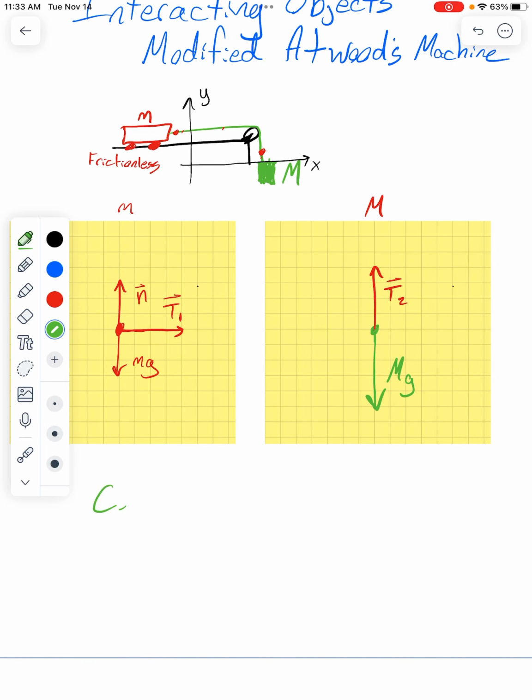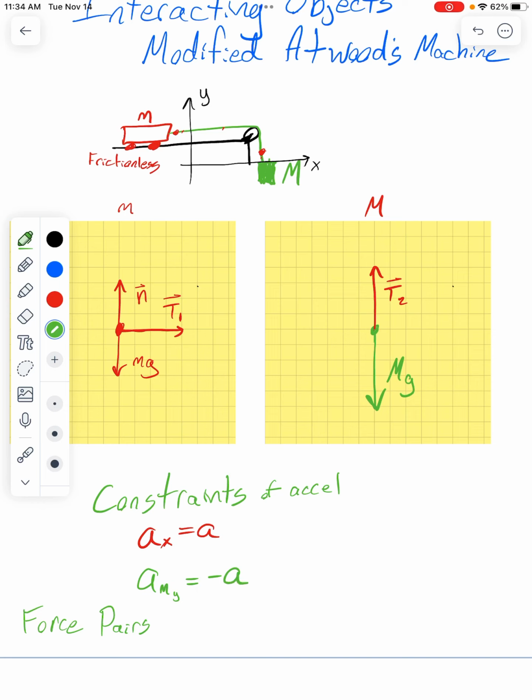But one thing I am going to point out is, with our constraints on the acceleration and our pairs of forces, the acceleration of the block little m is in the x direction, and the acceleration of the block big M is in the y direction, and specifically it's pointing downward.